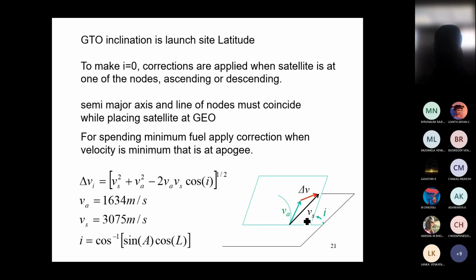Assume the satellite is a GEO satellite, and the satellite is moving on the equatorial plane. So what is the direction of the velocity vector? The direction of the velocity vector will be on the equatorial plane. The vector will be directed away from the equator rather, but it will be on the equatorial line. So that is what I have represented.